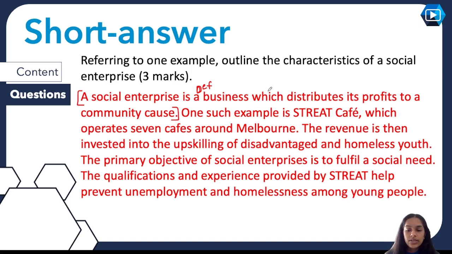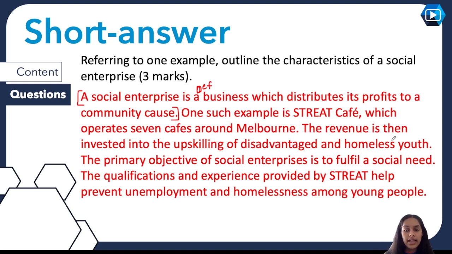And then they've gone on to talk about the example, jumping straight into it, where they've said one such example is Street Cafe, which operates 7 cafes around Melbourne. So that's giving a bit of an introduction to their example. The revenue is then invested into the upskilling of disadvantaged and homeless youth. You want to make it really clear what the key community cause is that your example is linking to.